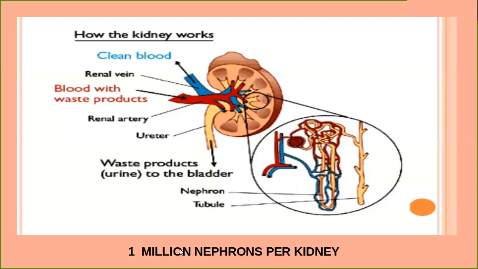There are 1 million nephrons per kidney. The detailed structure of the nephron we will discuss later. This is the way in which the kidney functions. The main function is urine formation, or the filtration of blood.